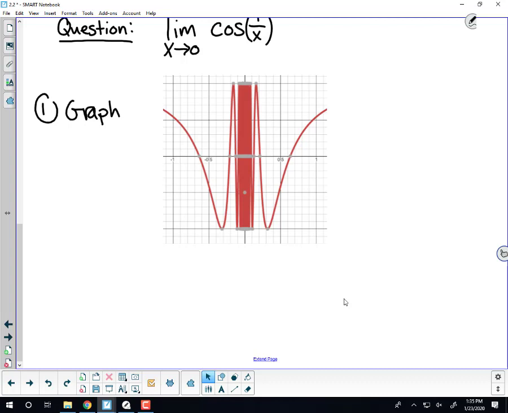The thing with the limit, right? We can see the function cosine of 1 over x, just by itself, isn't defined where? At 0. But can we compute the limit as x approaches 0 of a function that's not defined at 0?